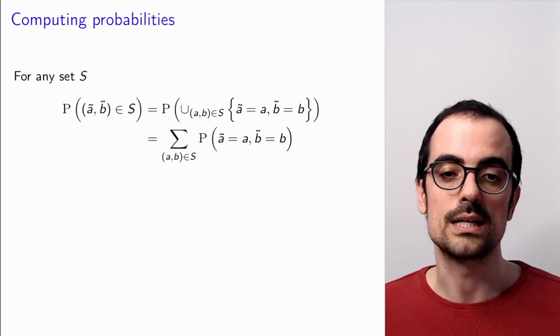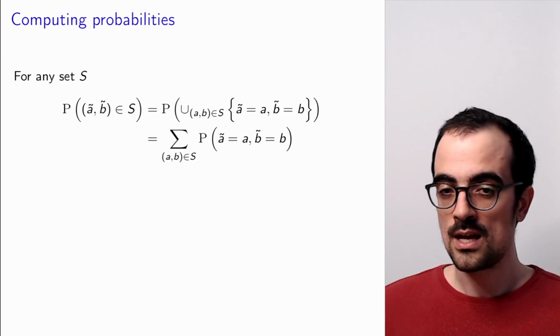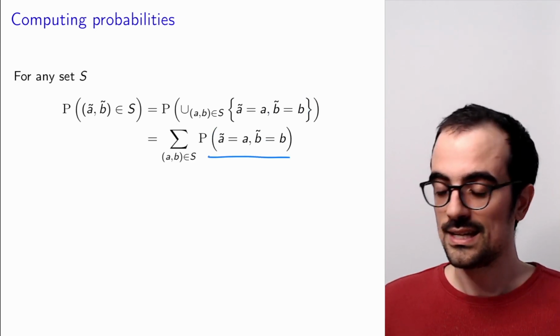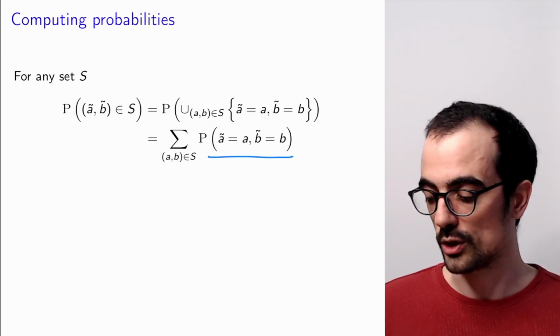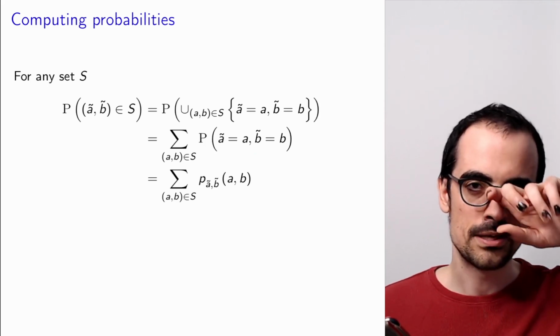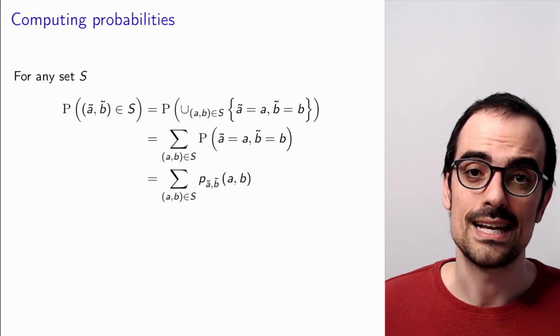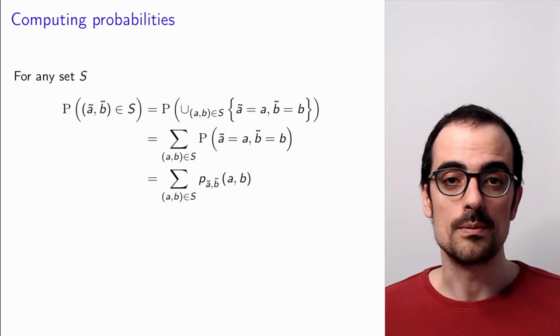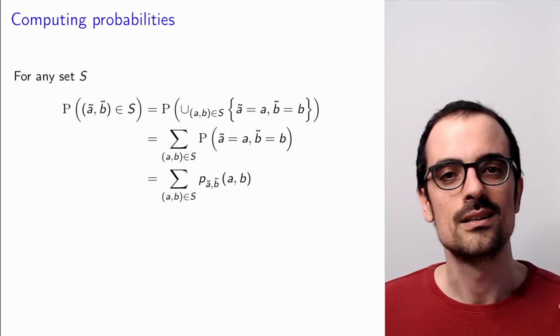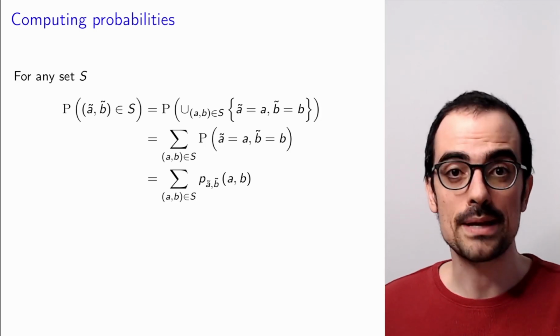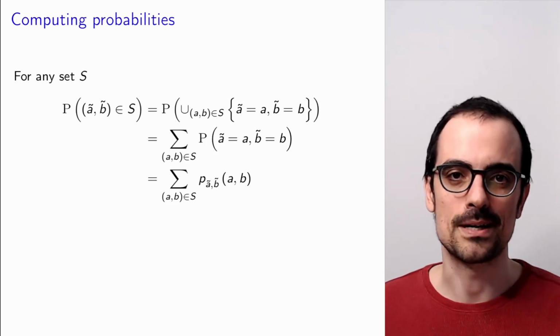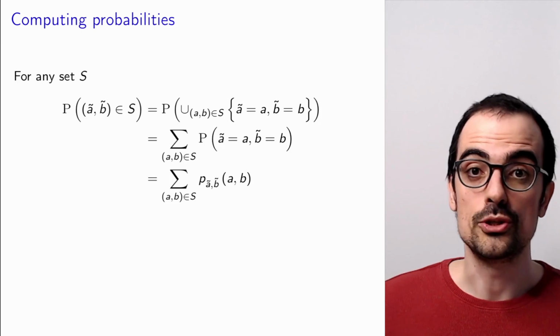Because they're disjoint, we can just sum those probabilities, and those are the probabilities that are exactly encoded in the joint PMF. So hopefully this, together with my explanation on the diagram, shows you that you can essentially describe the probability that the two random variables take on pairs of values, or any set of pairs of values, just using the joint PMF.